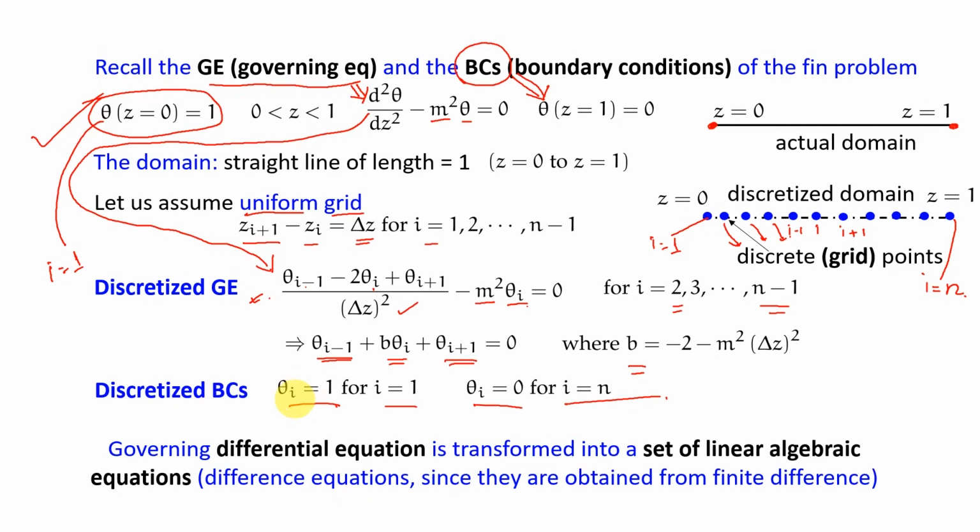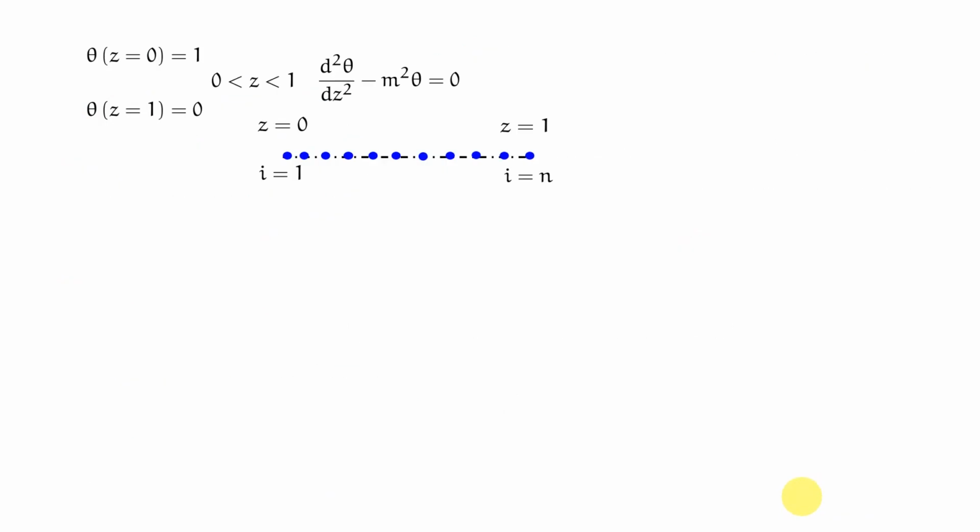In principle, I can solve these equations using some of the techniques that we have learned before. These equations are also called difference equations since they are obtained from finite differences. Okay then, so let us now see what we will do about it.